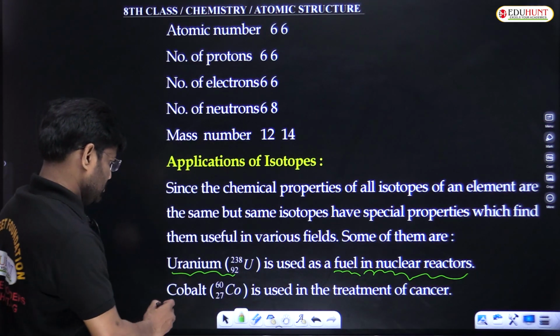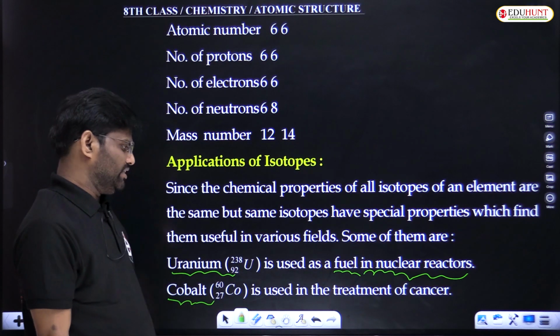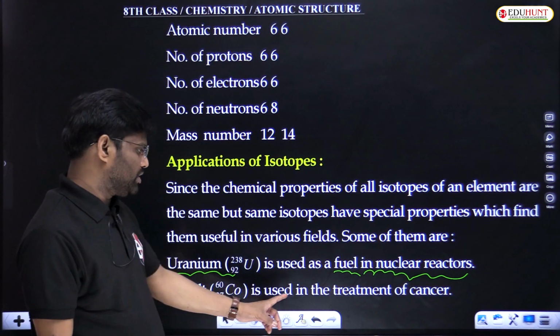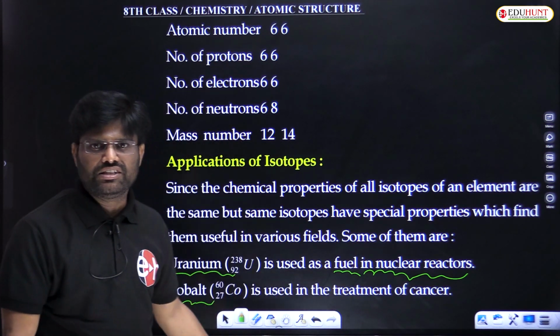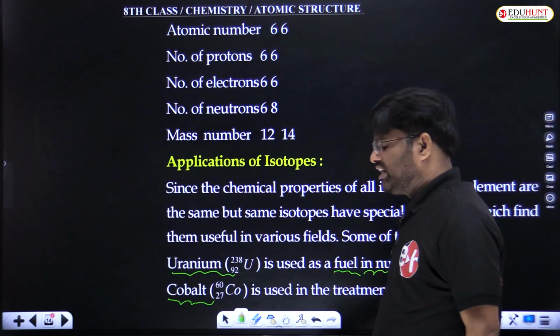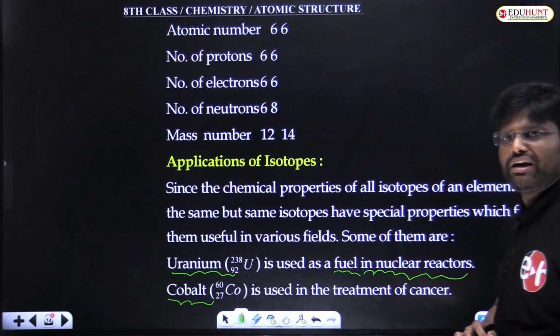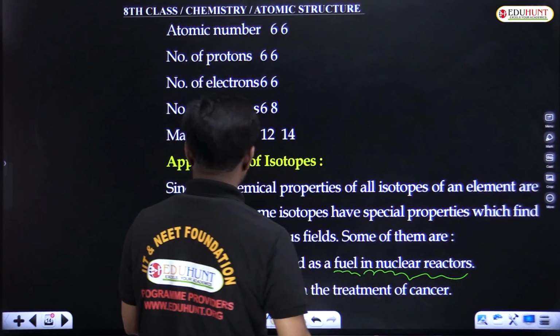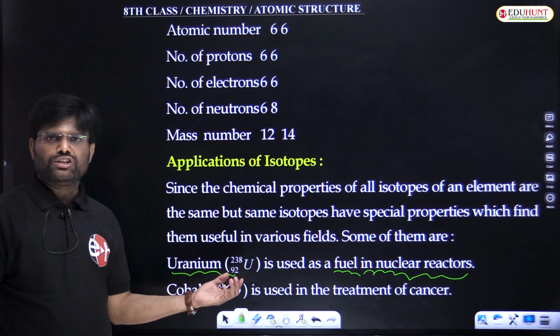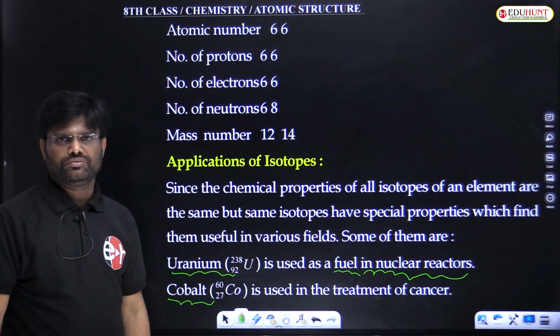And cobalt, very important. Cobalt-60, atomic number 27, is used in the treatment of cancer. This is the isotope of cobalt.